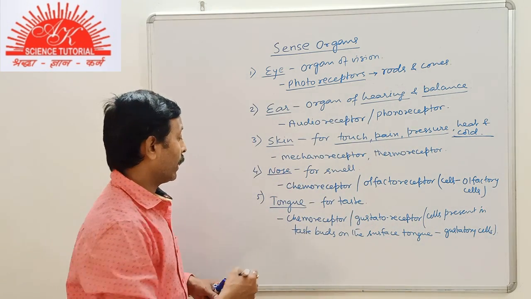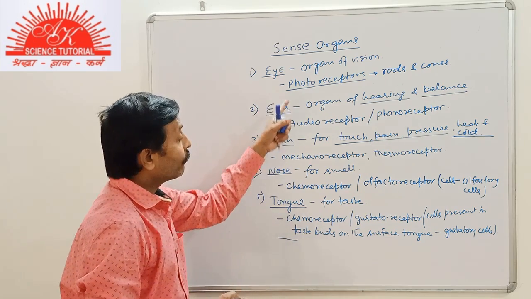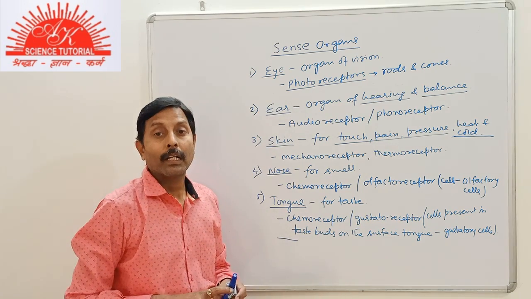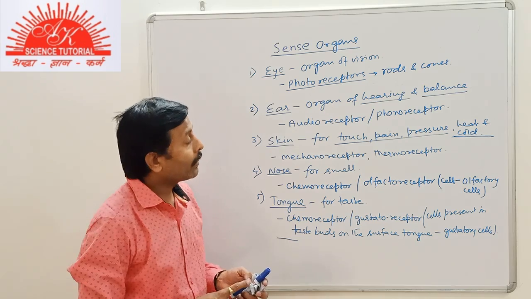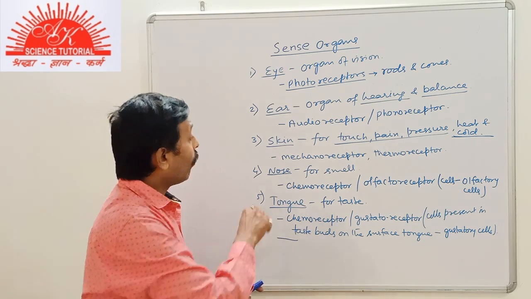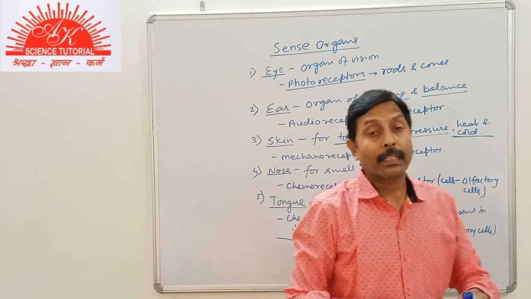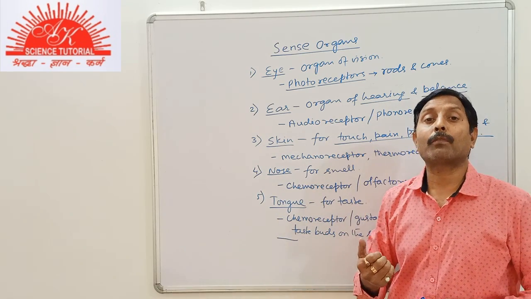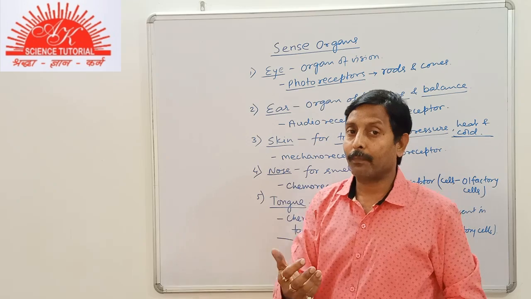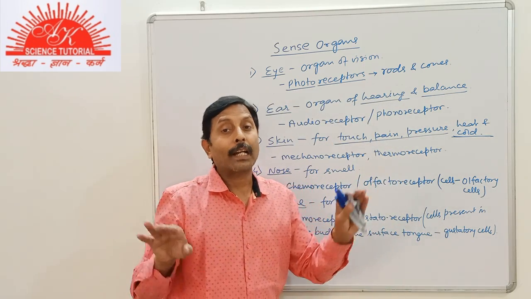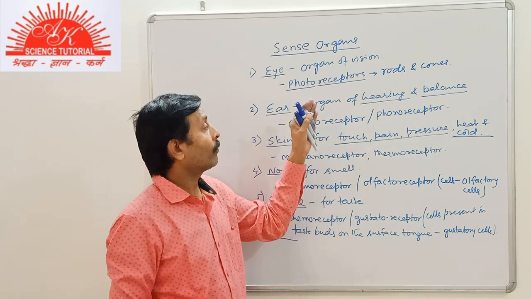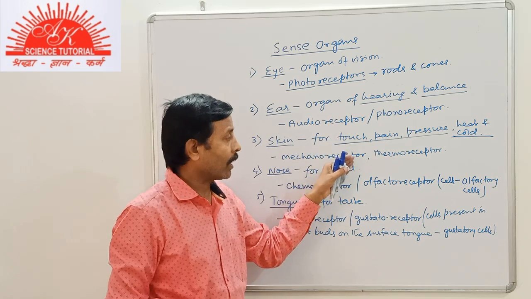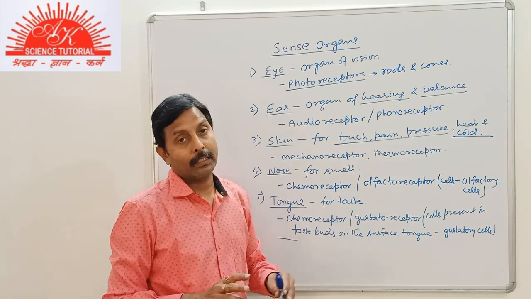So we see here, students, these are the 5 sense organs related to the different type of stimuli, and all these sensory cells present in these sense organs, by receiving these type of stimuli, keep us informed about the surrounding in terms of light, sound, chemical substances, heat and cold, and others.